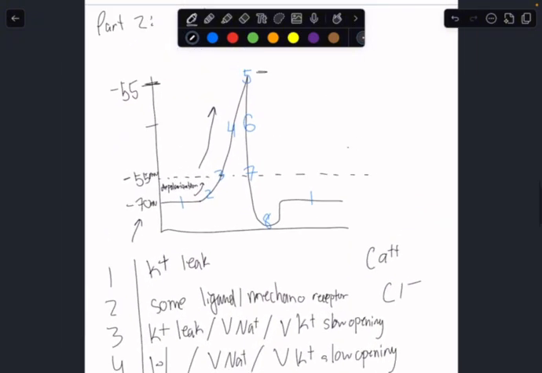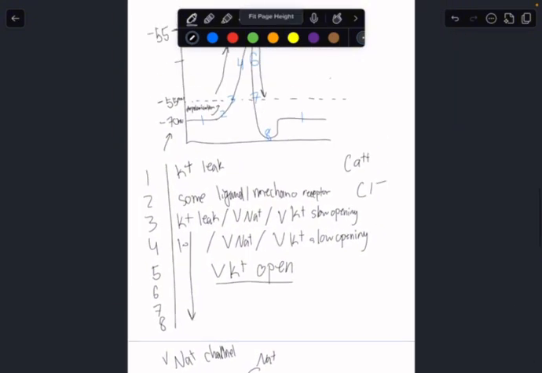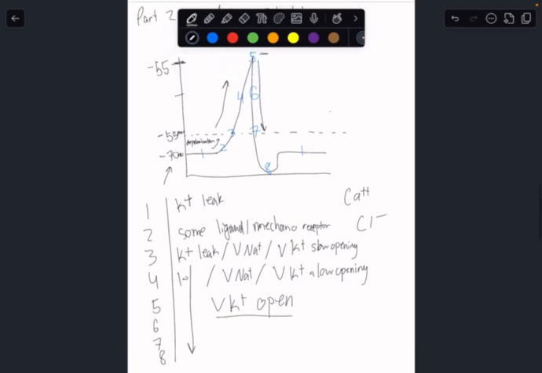It's going to drastically drop our membrane potential right here. Shoom, a lot down. And since this is open, there's a lot more potassium that's going to be leaving the cell. This is called repolarization, when you come back down and become more negative.